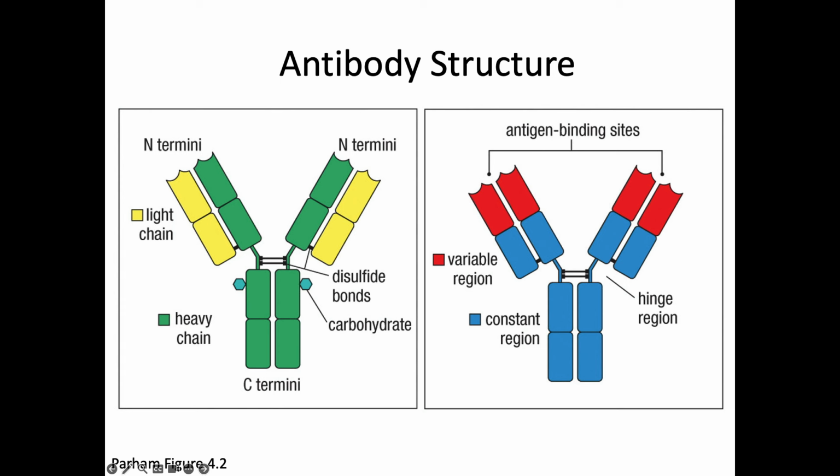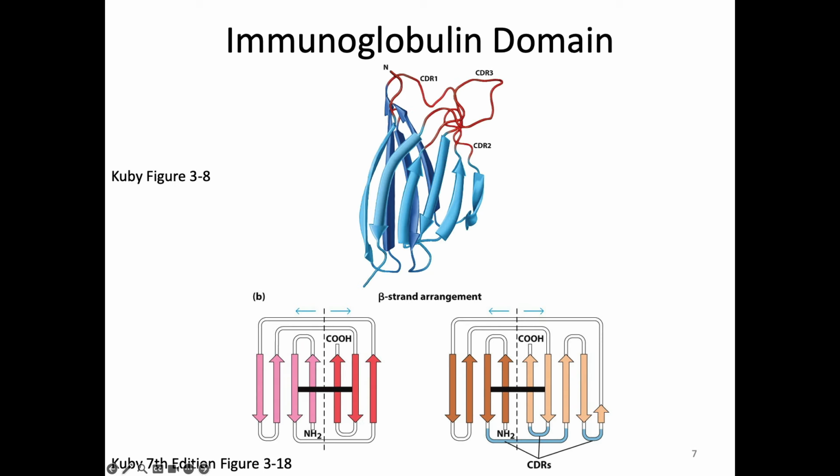If you remember on Wednesday, I told you that sometimes we use the term immune globulin or immunoglobulin when we're talking about antibodies. The fold that makes up each of those rectangles is called the immunoglobulin fold, or the Ig fold.